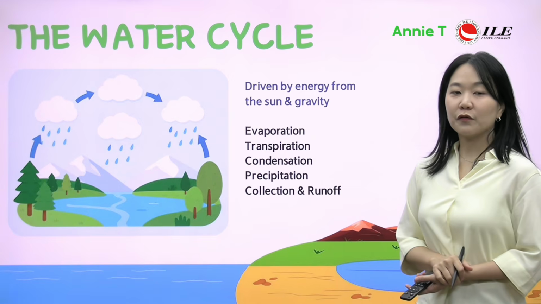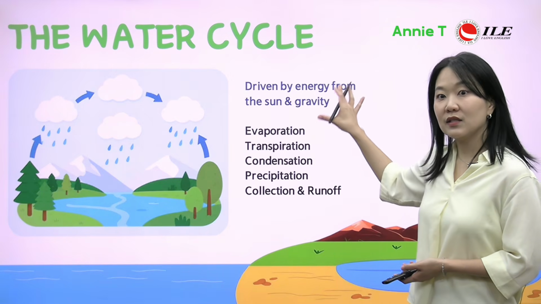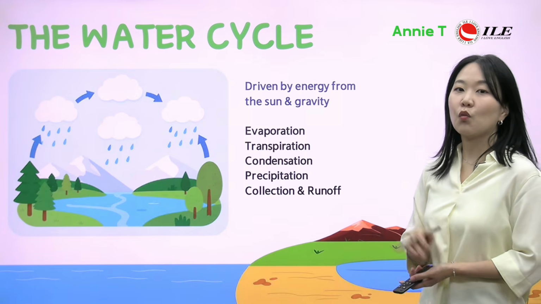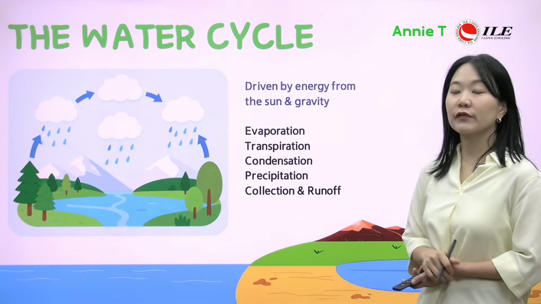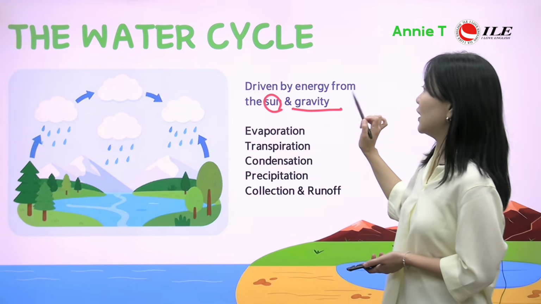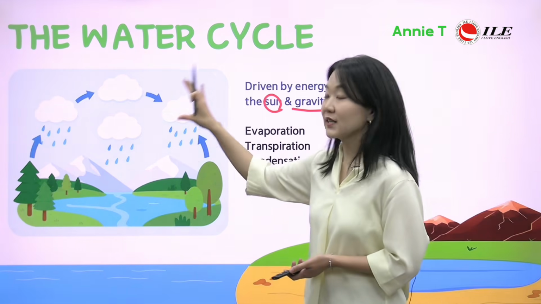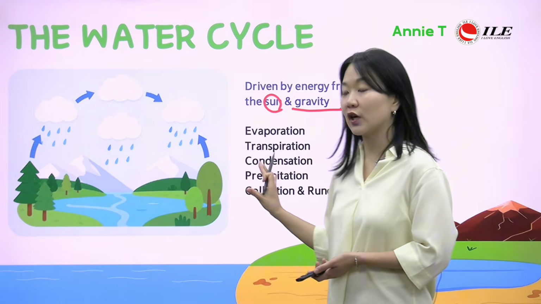So we learned about the 4 spheres that make up Earth's system. And in this slide, I want to talk about how water is cycled through all 4 spheres, usually driven by the sun's energy and also by gravity. So basically, this is tracking. It's an example of how matter and energy will flow through the different spheres of Earth.